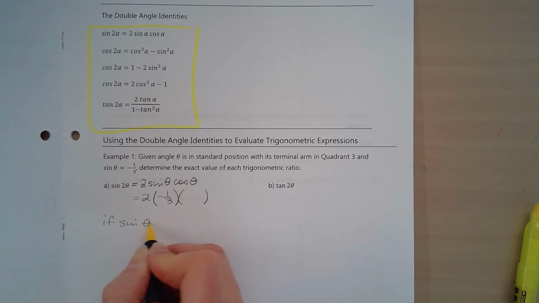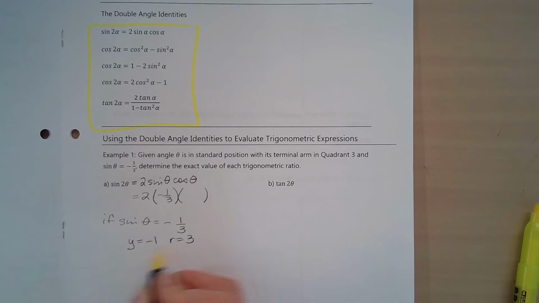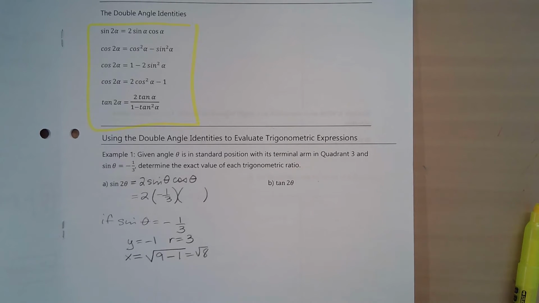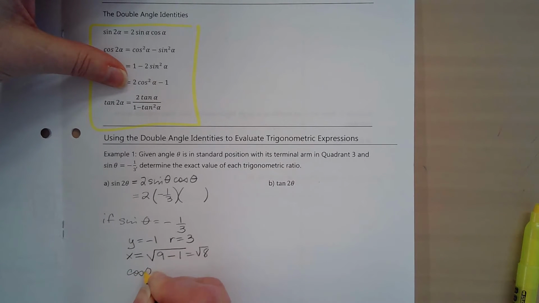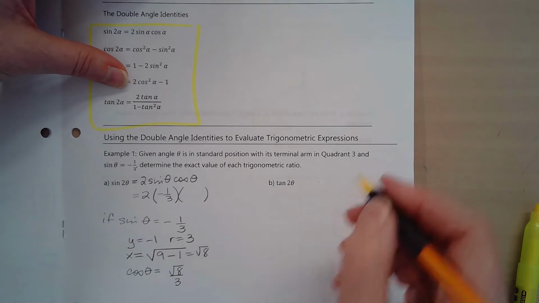If sine alpha is equal to negative 1/3, that means y is negative 1, r is 3, x is going to be 9 subtract 1, root 8. And you can just leave it as root 8. You don't have to simplify. It's up to you. So then cos would be equal to root 8 over 3, but this was quadrant 3, right?